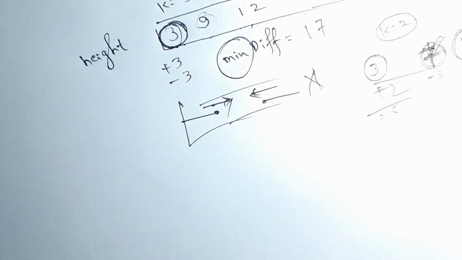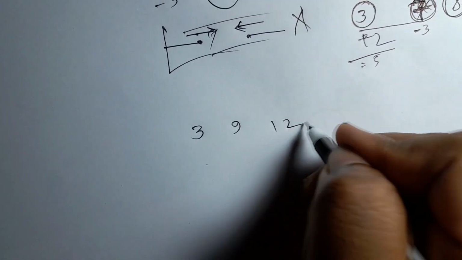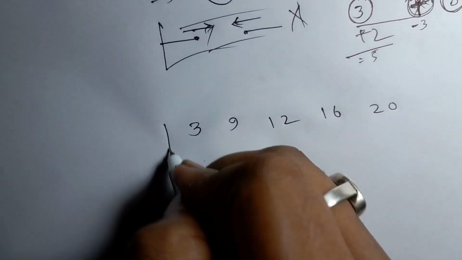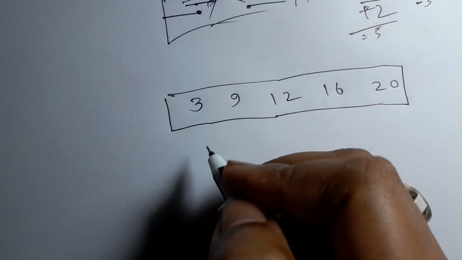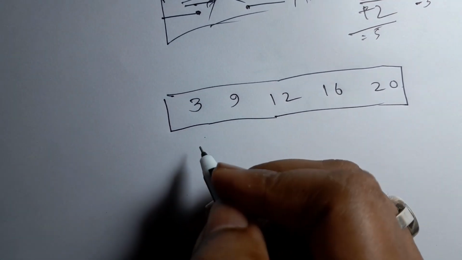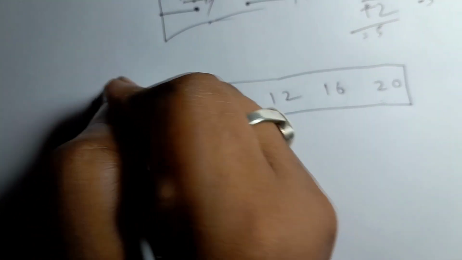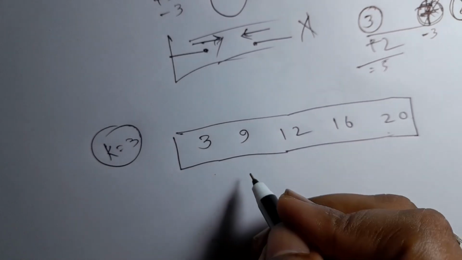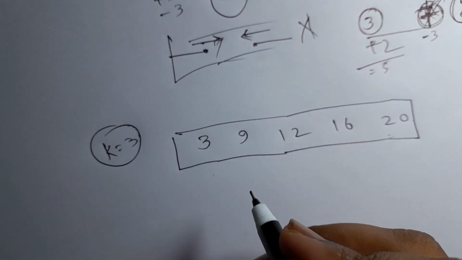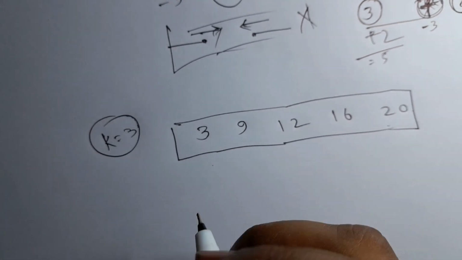So again we are going to our main problem, where the array was 3, 9, 12, 16, 20. We have to determine the minimum difference between the minimum element and the maximum element after some operations. So tell me one thing, if we have to get the minimum difference, then what will we do?